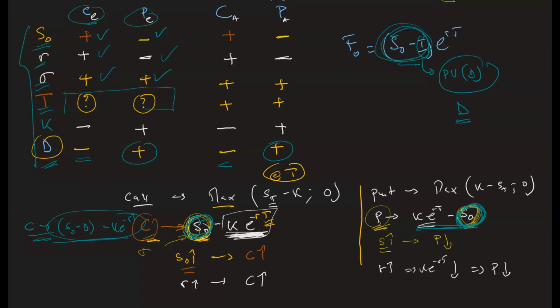With respect to time, it is an unknown for European options, but it's a known behavior for American options, and it's an increasing relationship between time and call and put option premium for American options. When the strike price increases, the value of the call option price decreases, whereas the value of the put option price increases. And when dividends increase, what we have is the call option decreases, whereas the put option increases.